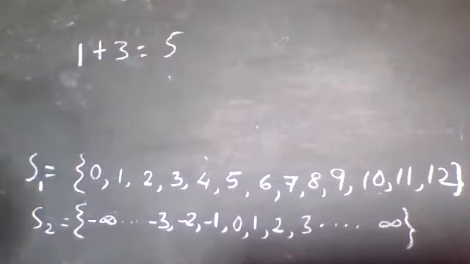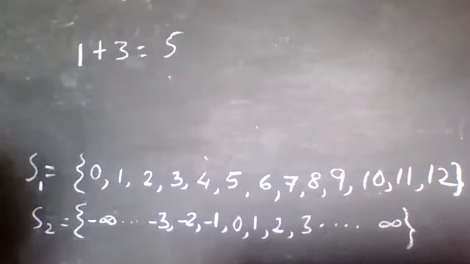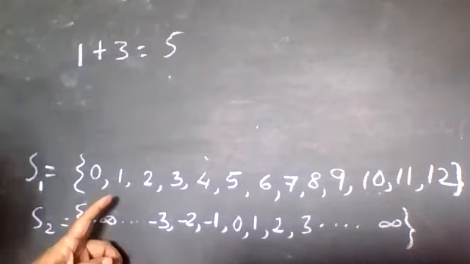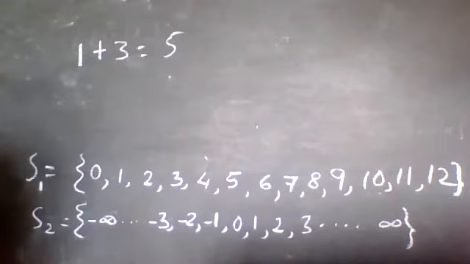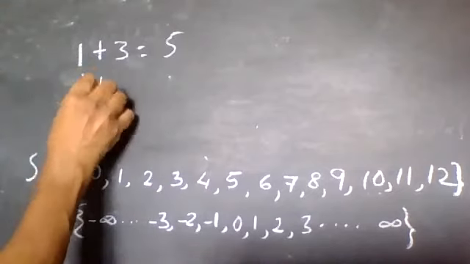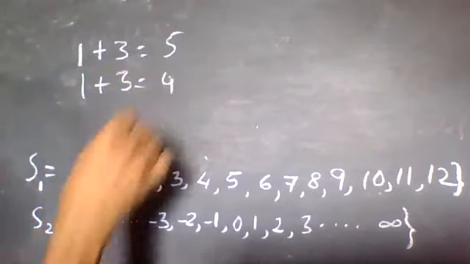If you have a young brother or sister, he or she may object to this kind of addition, but I am correct. You can have your own rule. Say I am saying that I will add them manually. 1 plus 3 equals 4. Okay, it is okay with it.